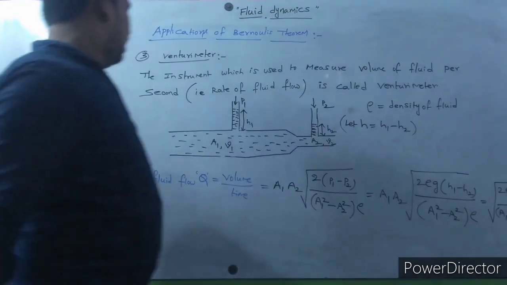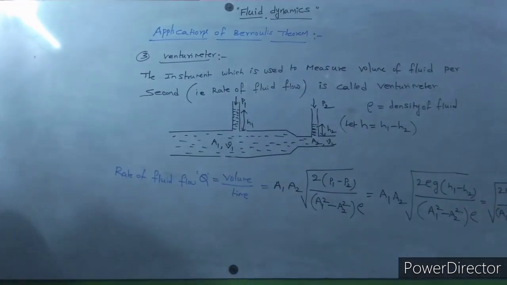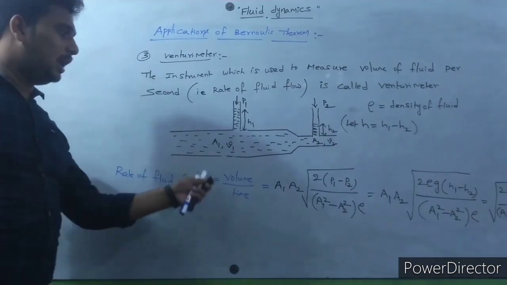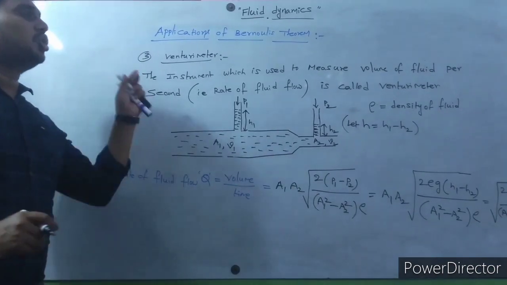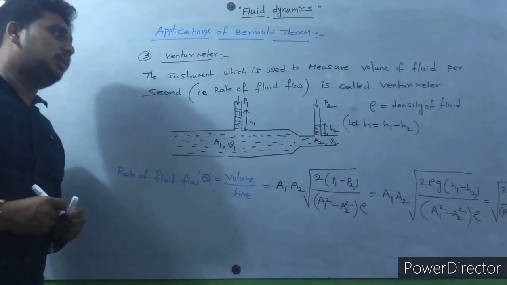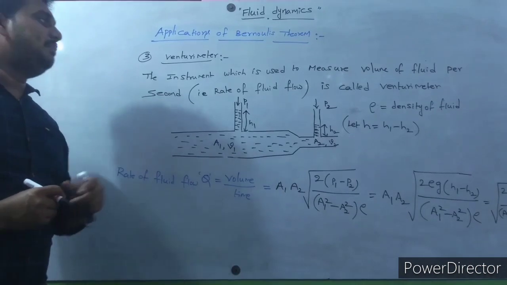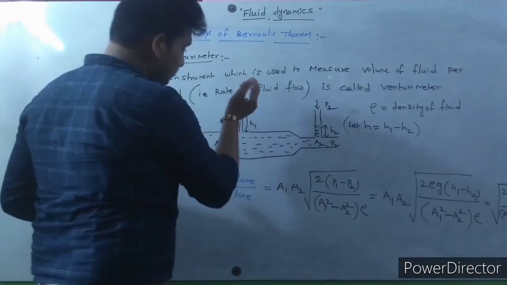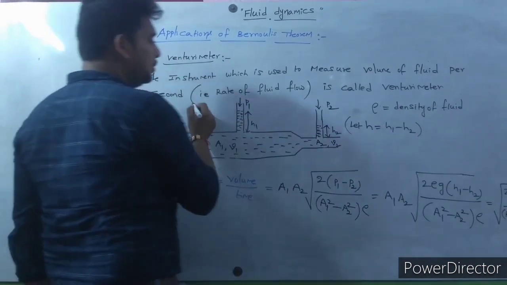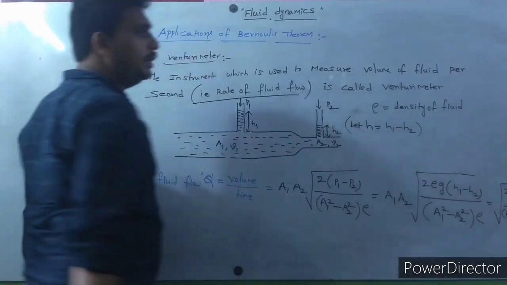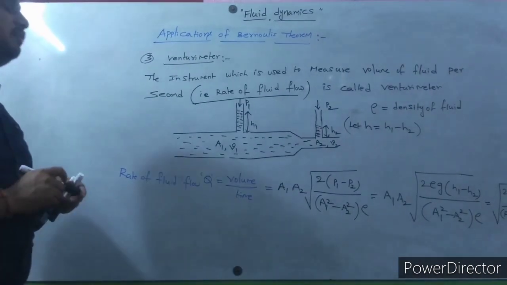So this is the formula for rate of fluid flow. Rate of fluid flow means volume by time. This is the third application of Bernoulli's theorem. The Venturi meter is majorly used to measure rate of fluid flow.